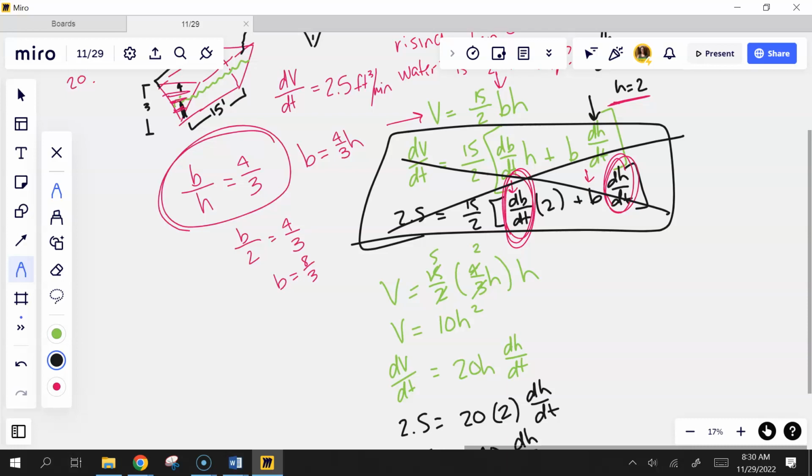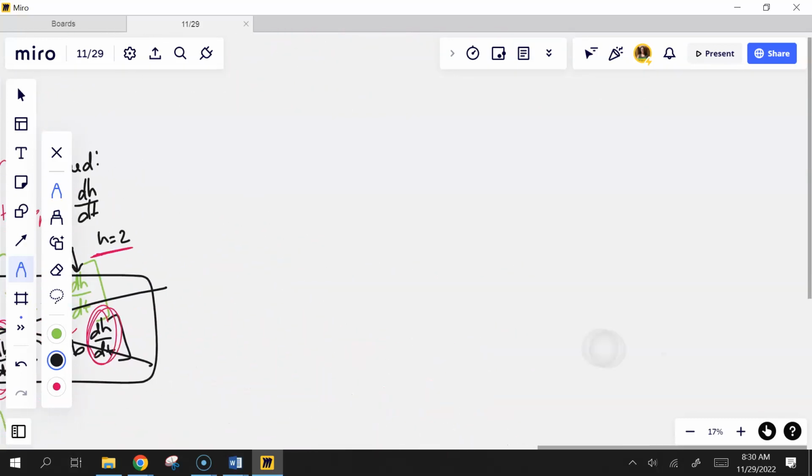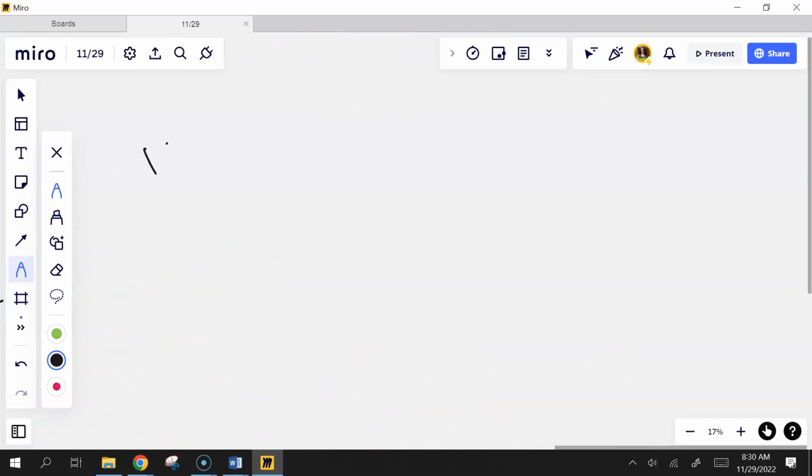Oh, here's a good one, kite flying. Y'all ready? Shadows and kites all the time. Okay, this is number 14. Flying a kite. Inga flies a kite at a height of 300 feet.